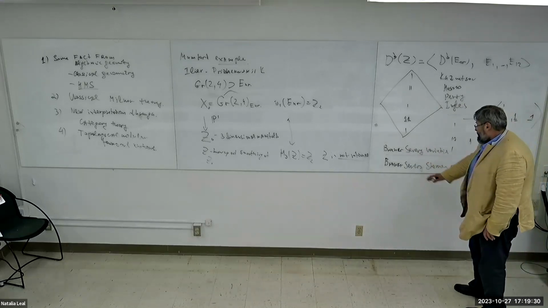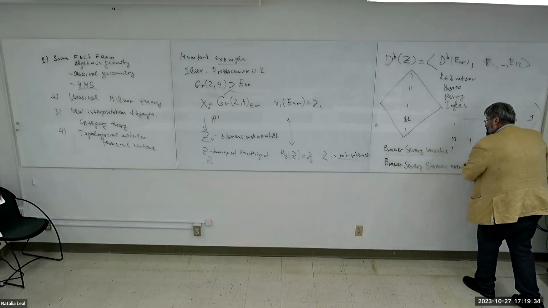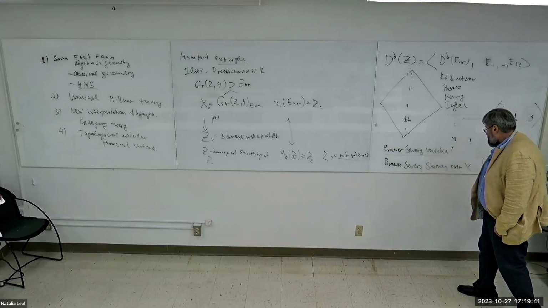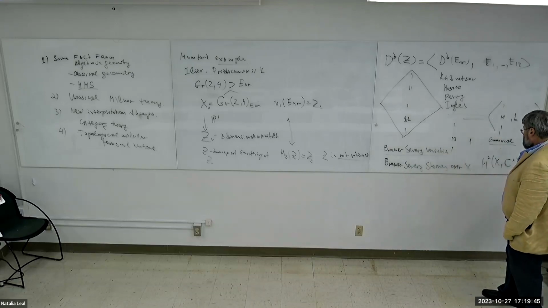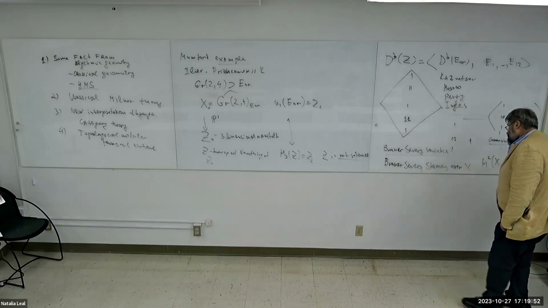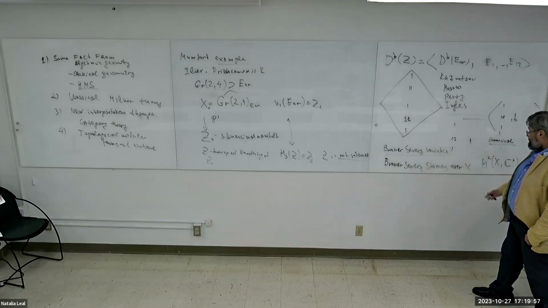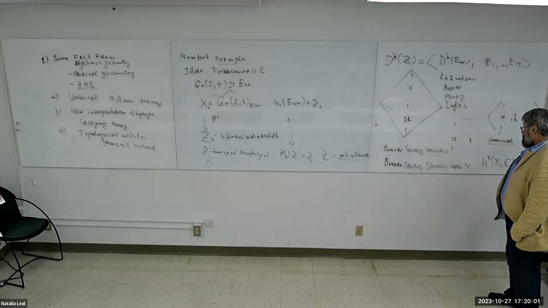And the same thing is true for Brauer-Severi schemes, which are families of P^n's over a certain base X, but these fibers do not have points over these fields. In other words, you don't have a section of points of these P^n's over the base X.